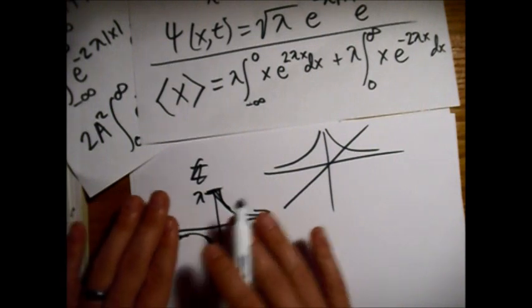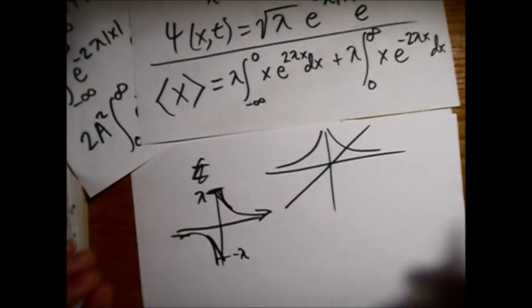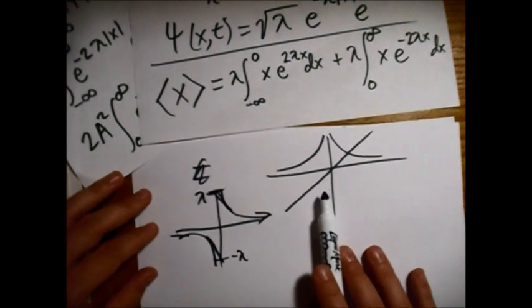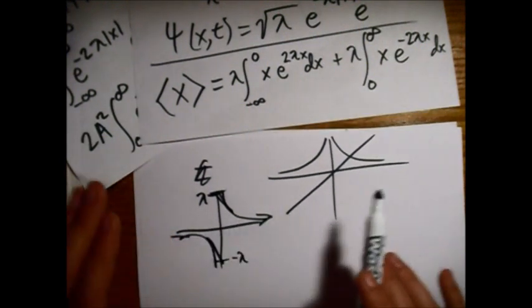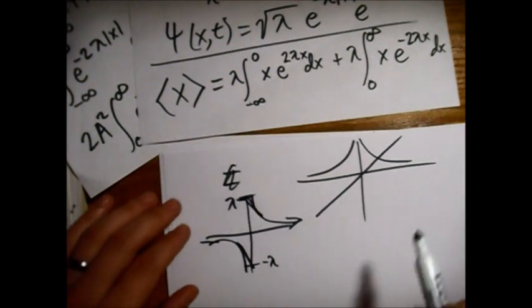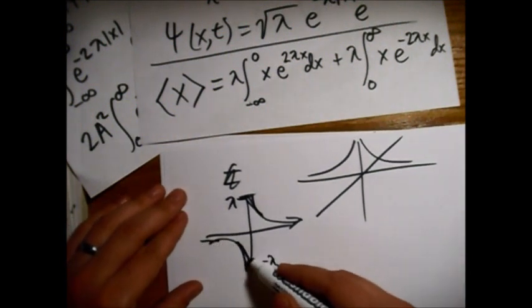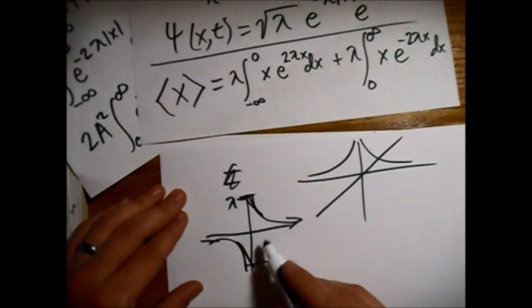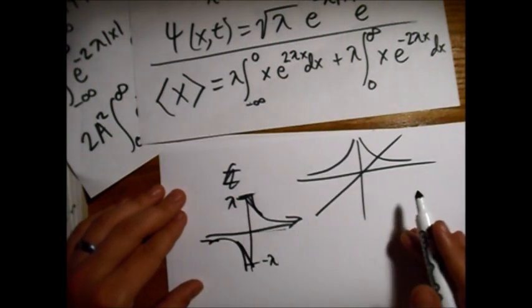So basically when we take the integral from minus infinity to plus infinity, we have exactly the same amount of area below the x-axis as we do above the x-axis.